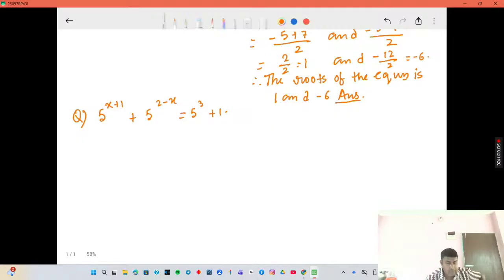So can anyone suggest how we can solve this question? If you have any idea how to solve this question, can anyone suggest how I can solve it?